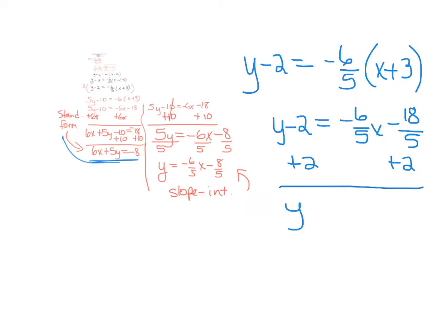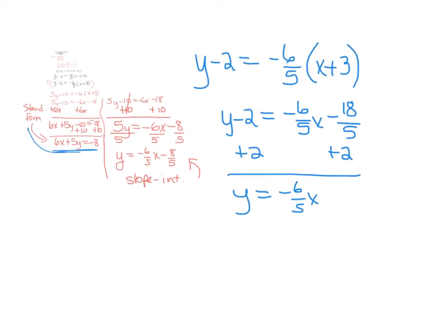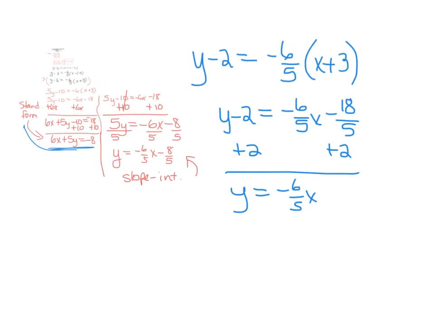So now, because I didn't clear the fraction, I have to add 2 to this fraction, so I need to find a common denominator. So my common denominator is going to be 5. So then I would turn the 2 into 10 over 5. And then I'd have to add it with the negative 18 over 5, and I still get negative 8 over 5. Okay?